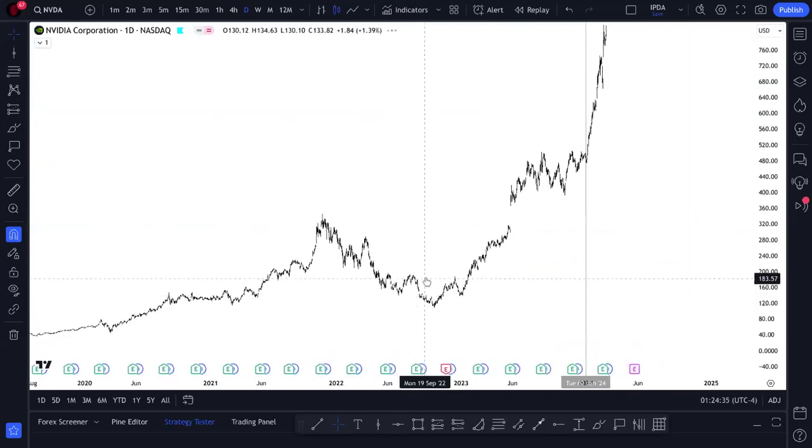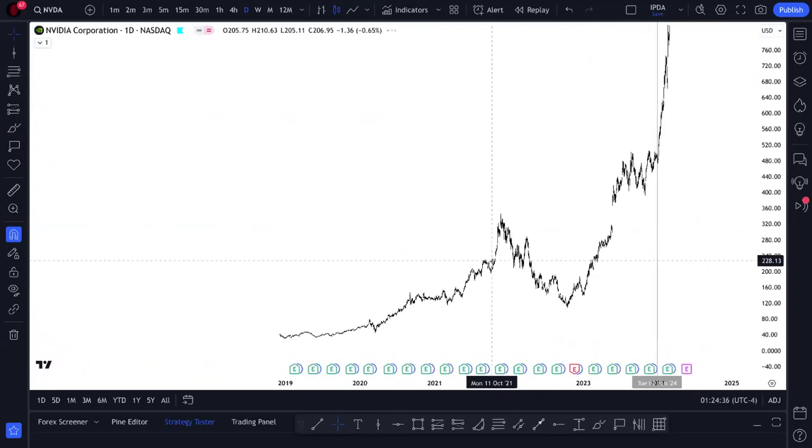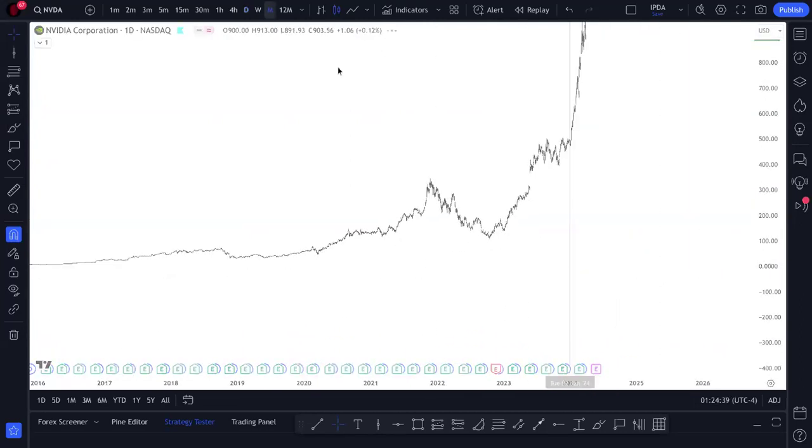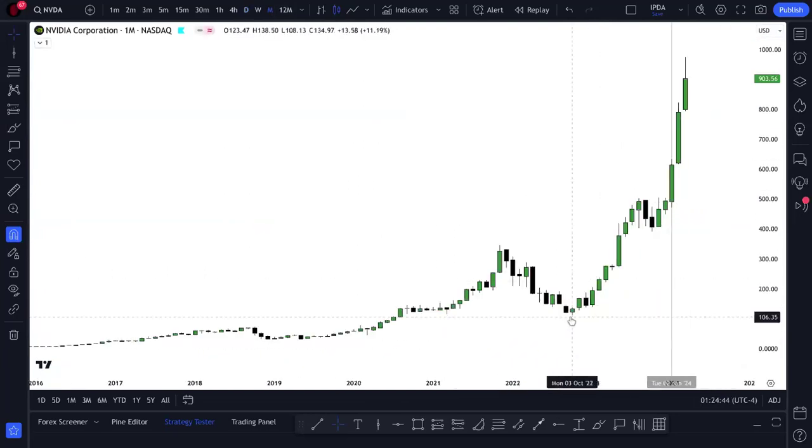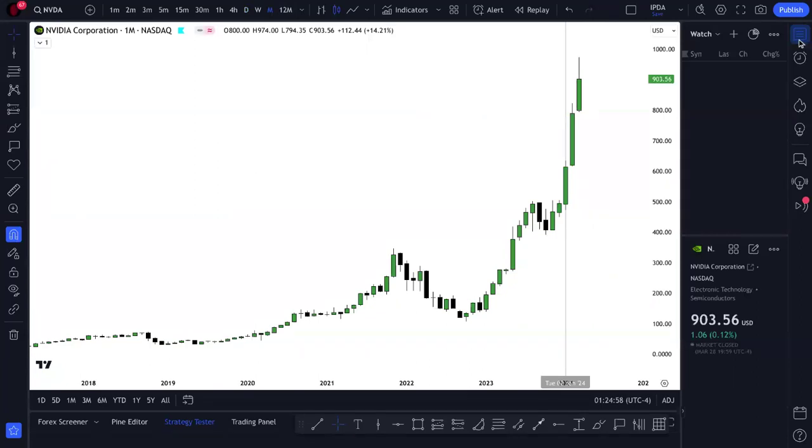They're taking over the market. Back in 2020, this thing was just $50. It's now $903 to get a share. Crazy, crazy times we're living in, bro.